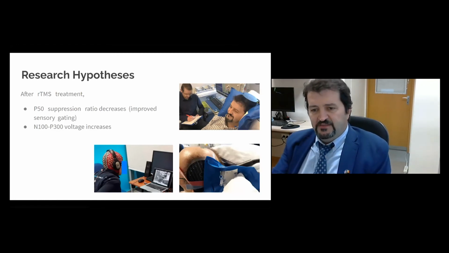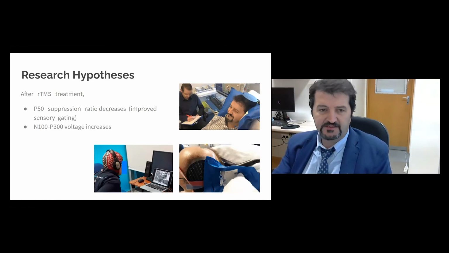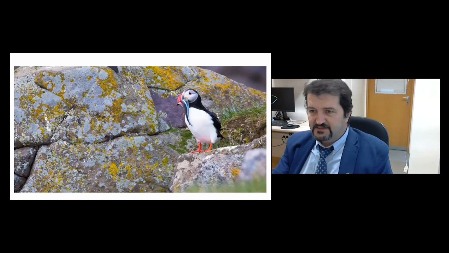These are the stimulation sites: the patient group on the left temporal parietal region, and as a control, CZ or vertex stimulation. This is a bird from Iceland, very well known, the puffin.